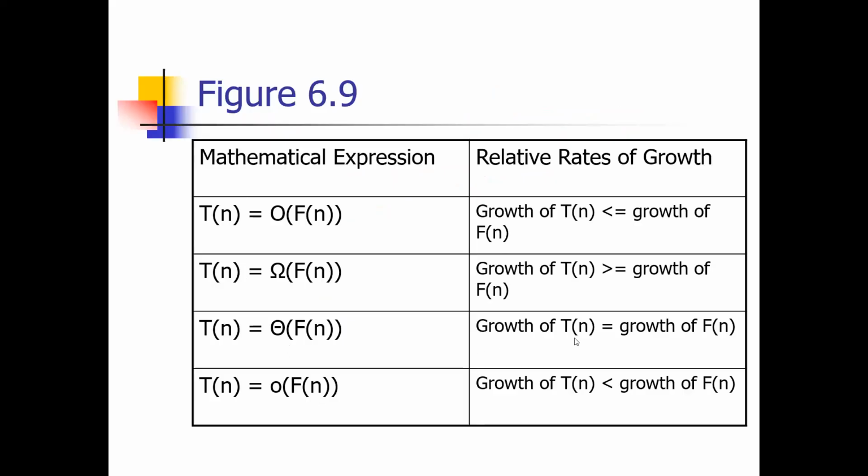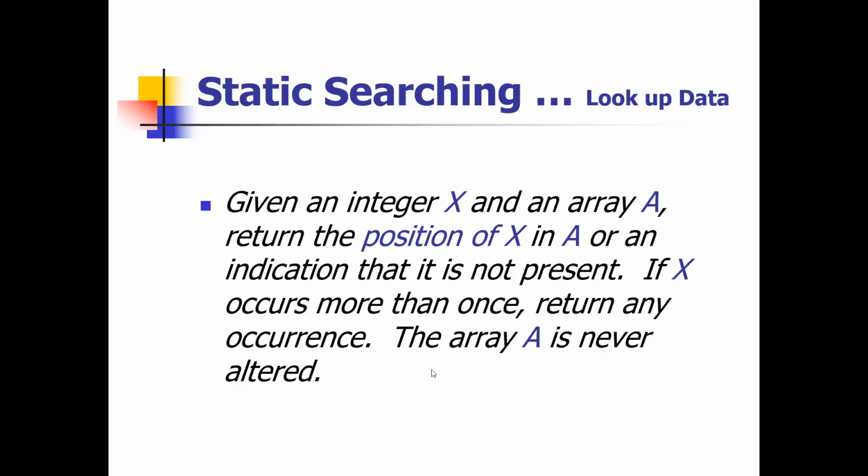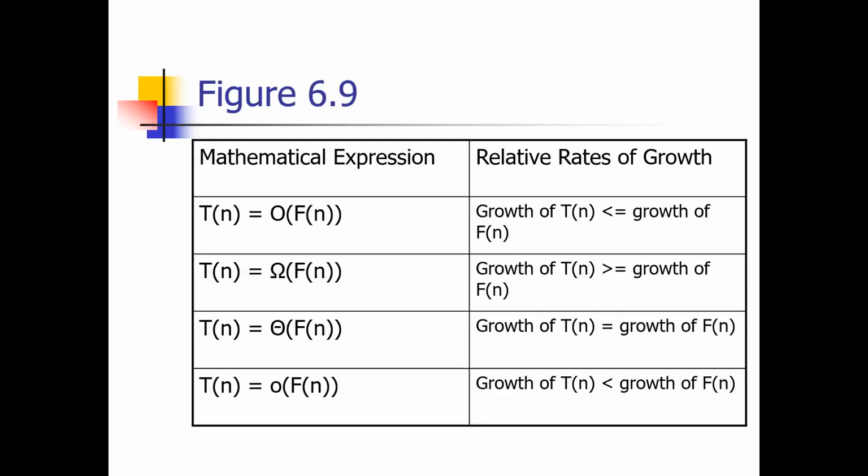Big theta: the growth of T of n is equal to the growth of f of n. And little o is if the growth of T of n is less than the growth of f of n. So we have another way of making that easy. I will show you just now on the original slide.